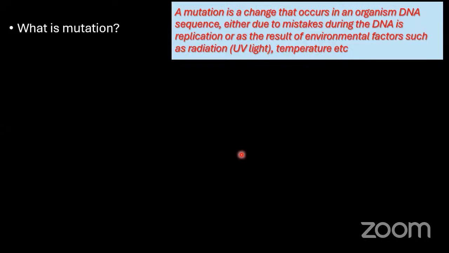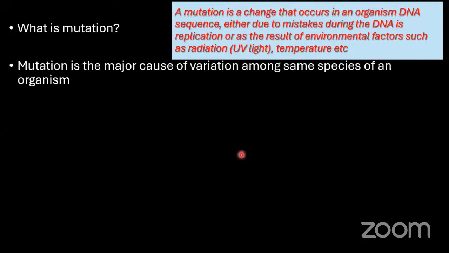Once that happens, we say the cell has undergone mutation. So mutation is the major cause of variation among species of an organism. When we say species of an organism, we are talking about bacteria and every other species, even plants.